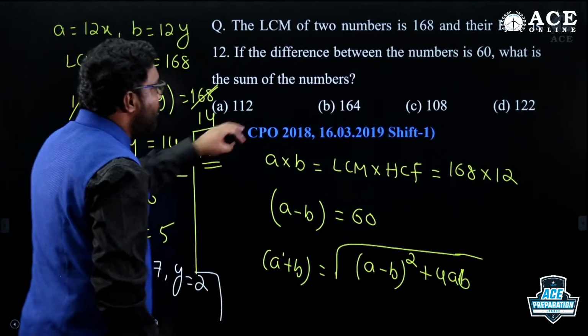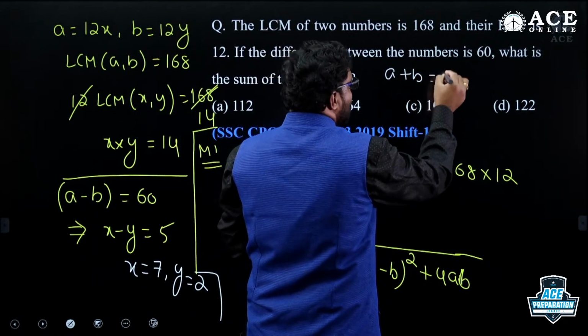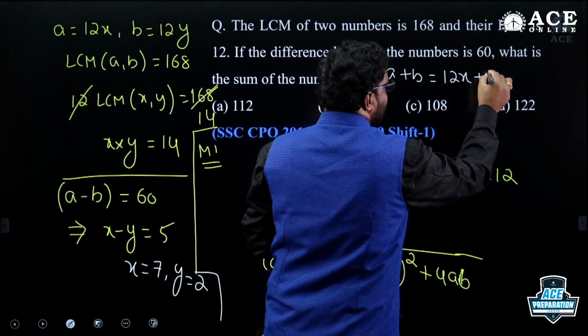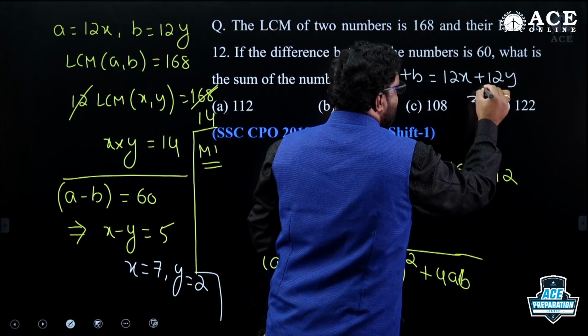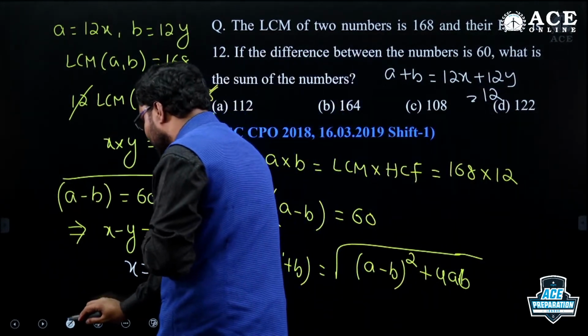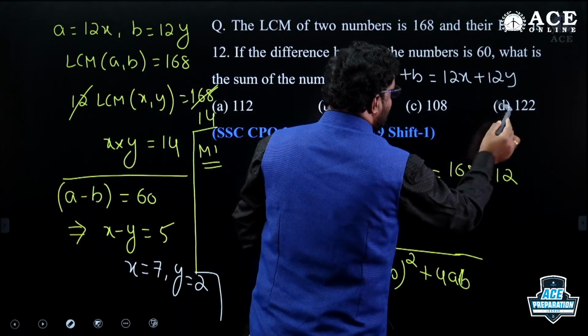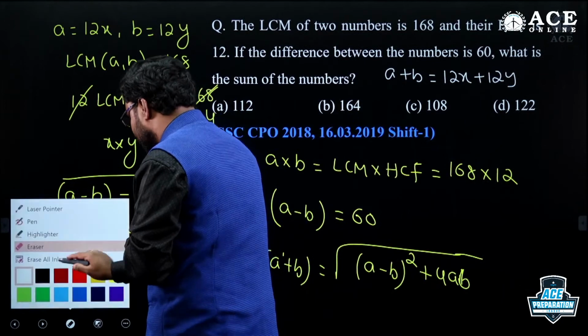Then what do you want? The sum of the numbers, right? A plus B, which is 12x plus 12y, 12 into (x plus y). I know x is 7 and y is 2. If we do, we'll get 12 into 9, 108, my dear friends.